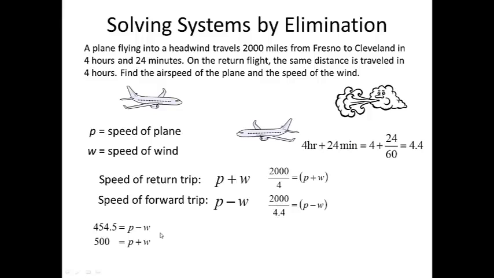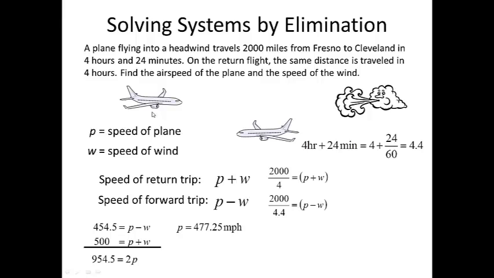454.5, that's this one, and then the 500, and I'm going to add those together by elimination. This is already lined up for me nicely, so I can add those together, and 2P is equal to 954.5. Divide both sides by 2, and I get the plane speed is 477 miles per hour, 0.25.